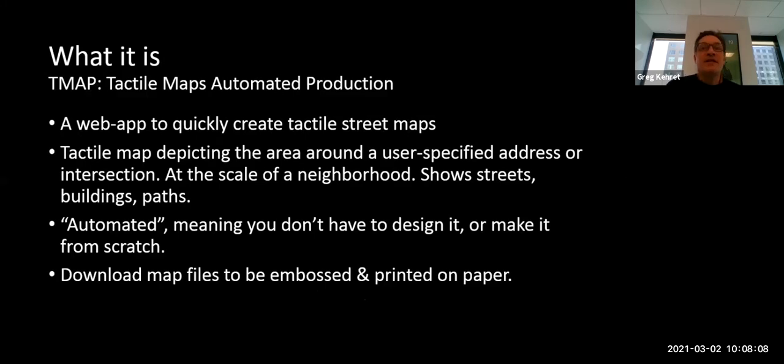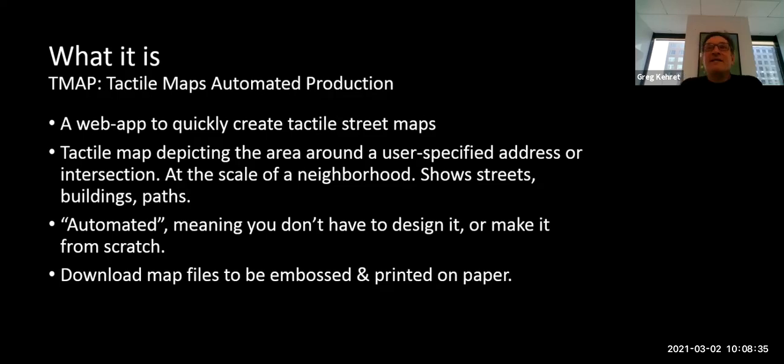These are maps that work best at about the scale of a neighborhood, anywhere from 1 to 2 blocks, to potentially 1 to 2 miles, depending on the scale and the size paper. And they show streets, pedestrian paths. My slide says buildings. That's actually been disabled temporarily while we fix a bug with that.